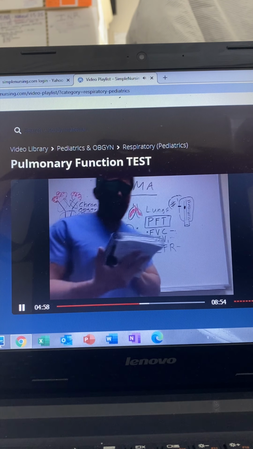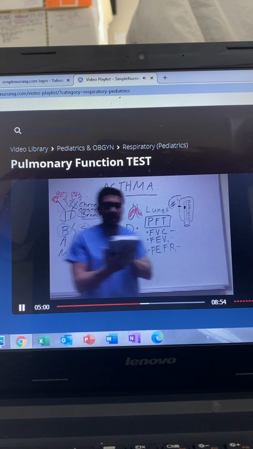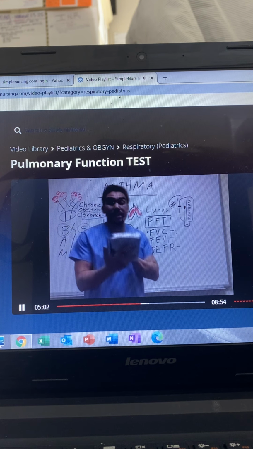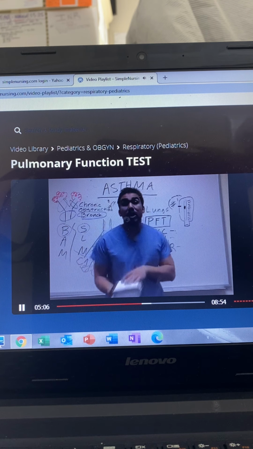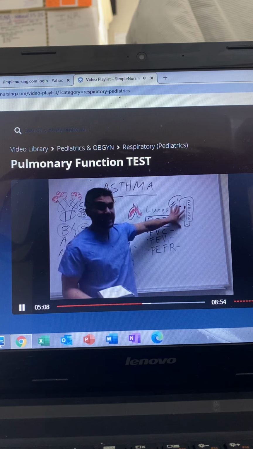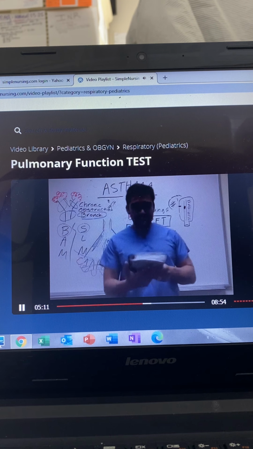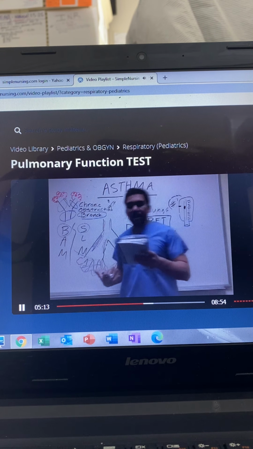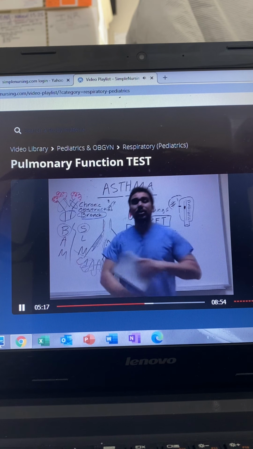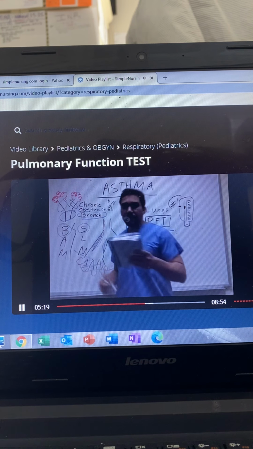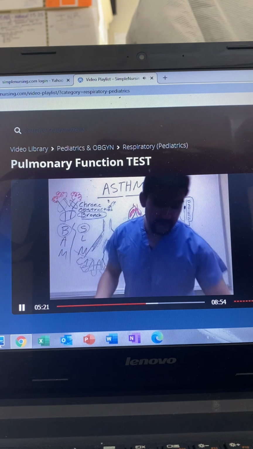Now your PEFR is measured using a peak expiratory flow meter, or peak flow meter. Cool, huh? And it's the maximum amount of air that can forcefully be expelled from your lungs, what's known as expectorated, in 1 second, okay?